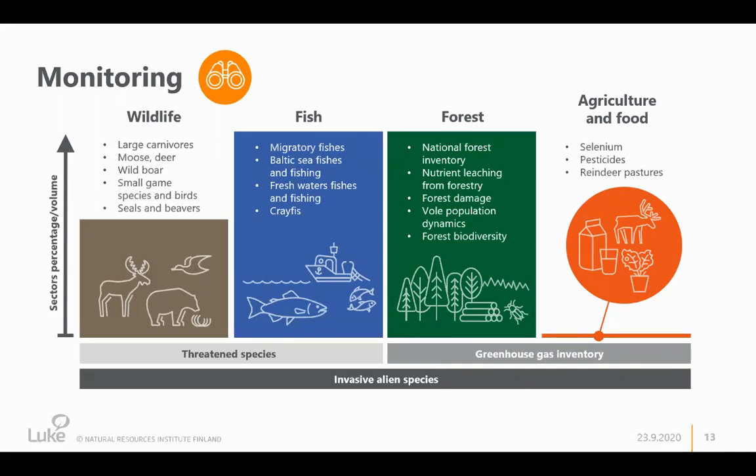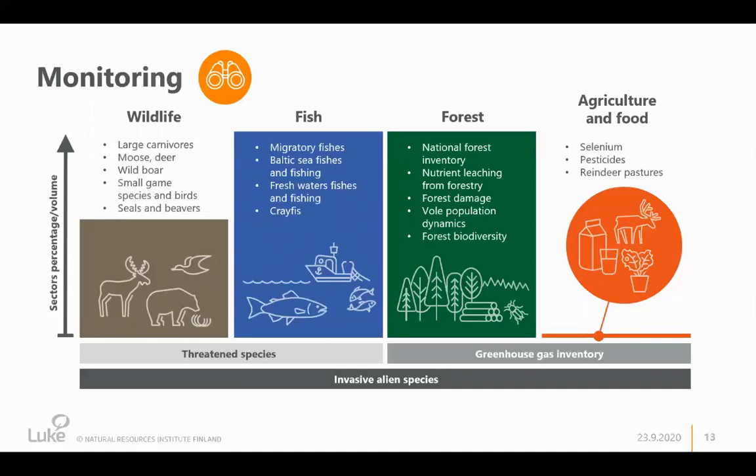There is a Bayesian statistician working on that area specifically, and also these other species. Then on the other hand, also on the fish side, there are quite a lot of challenges for statisticians and machine learning experts to work on those monitorings, but also on the forestry side.